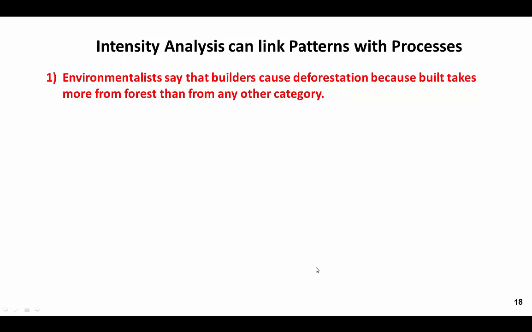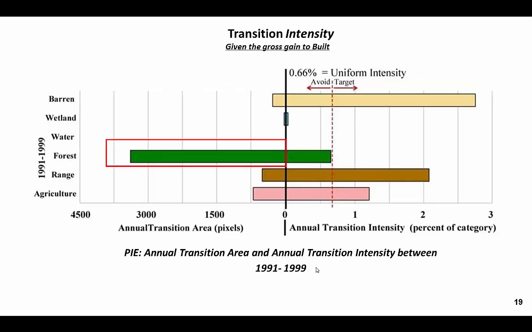Intensity analysis can help investigators to think how to link patterns with processes. Let us consider a hypothetical scenario in which environmentalists say that builders cause deforestation because builds take more from forest than from any other category. Here it is clear that build takes more from forest than from any other category.